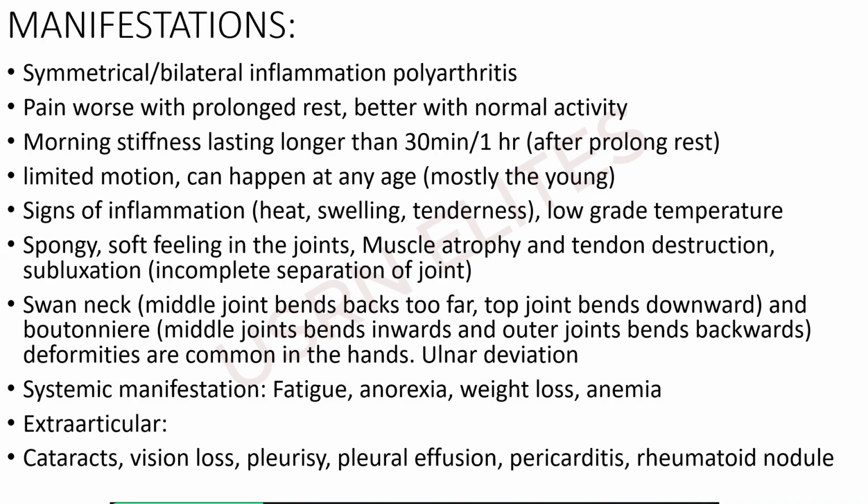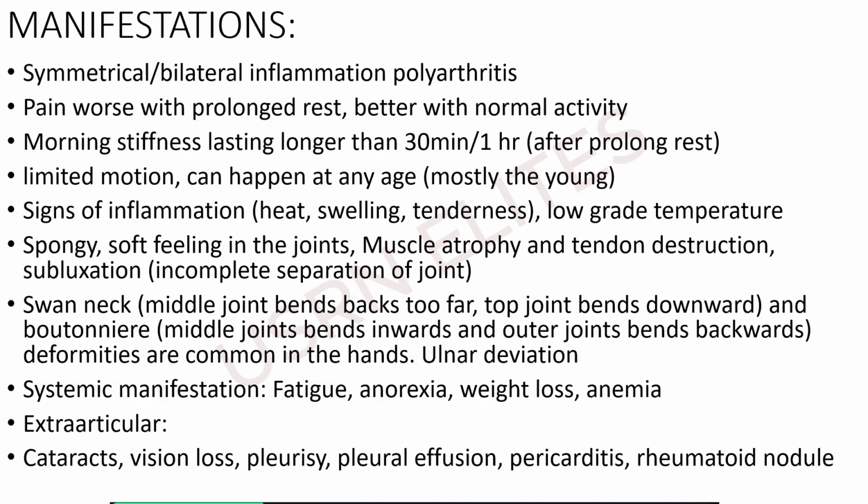When you move it vigorously, it becomes very painful. So you don't want to do that. And once it happens like that, you see that the muscle starts wasting. Muscle atrophy and tendon destruction, because you are not moving the joint, and contractures can form.